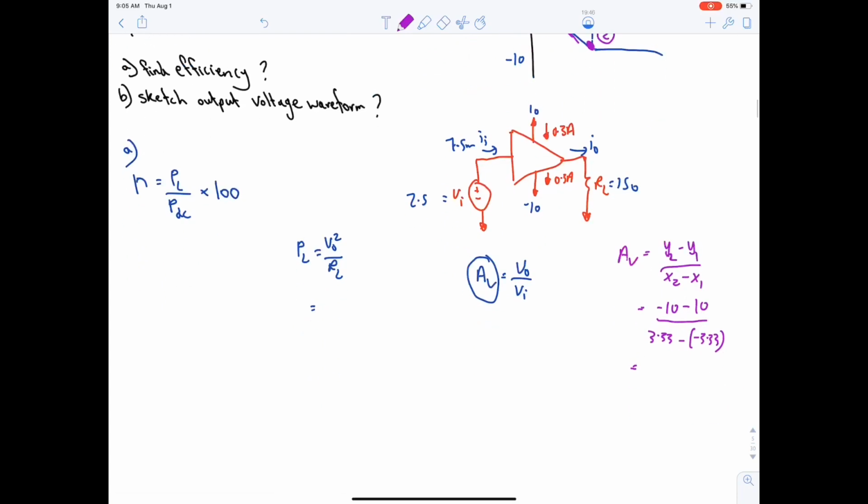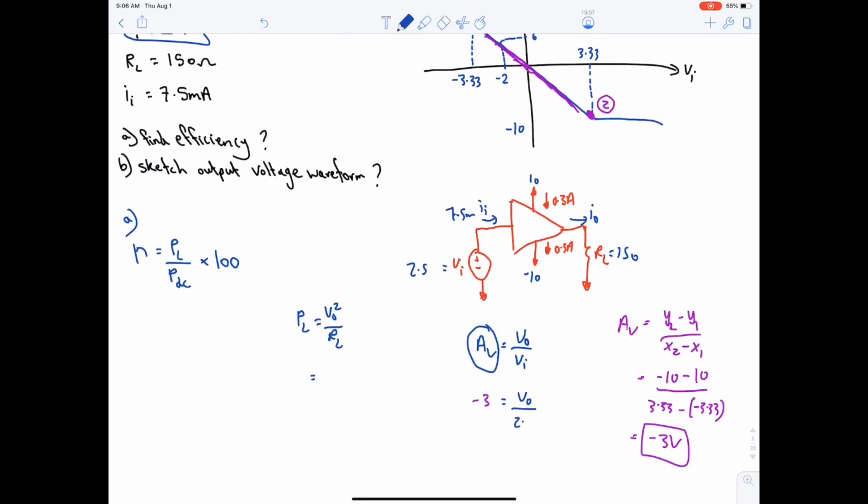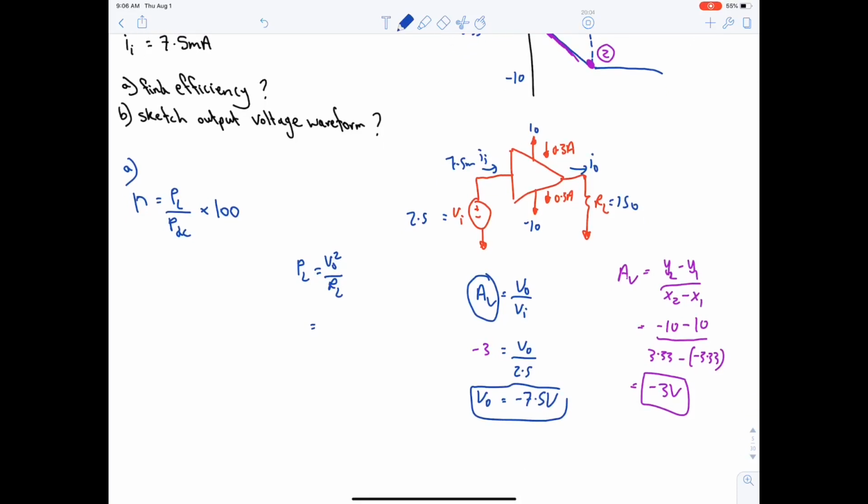This will give us minus 3 volts. So this is the slope. So AV is minus 3. V output is unknown. V input is 2.5. Hence V output is minus 7.5 volt. Okay, it's a bit tricky, but you need to just think about it and it becomes simple.